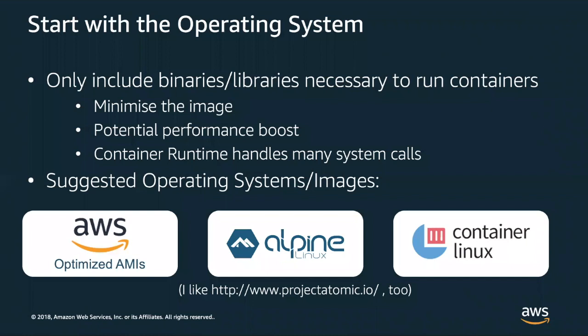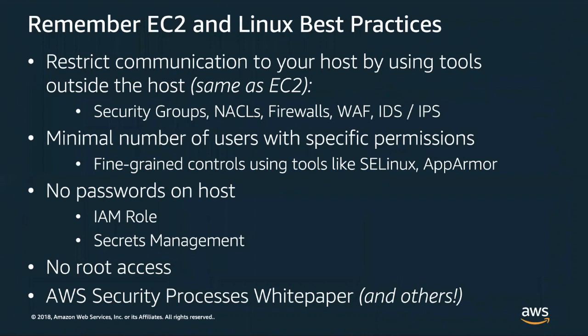I rather like what comes out of the Atomic Linux project because this actually uses SE Linux profiles to do further separation assurance between your individual containers at operating system level. So all the best practices that you would do for operating system management apply just the same on ECS and EKS as they would in regular EC2. All the same protections work.